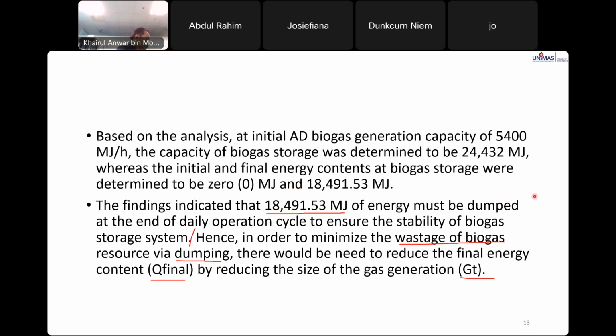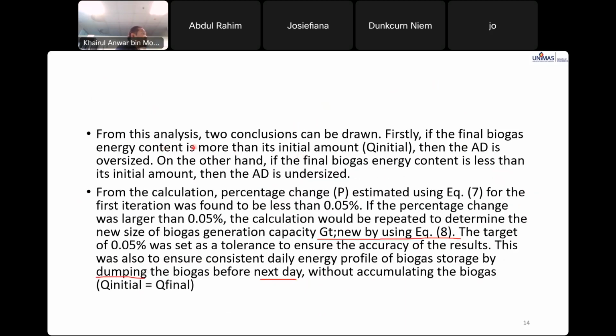So they conduct cascade analysis to determine the minimum, so that theoretically there is no wastage. From this analysis, two conclusions can be drawn. Firstly, if the final biogas energy content is more than its initial amount, then the AD is oversized. On the other hand, if the final biogas content is less than the initial amount, then the AD is undersized.